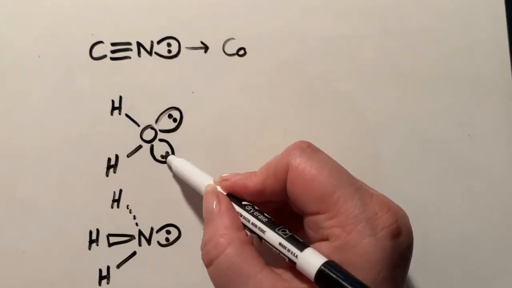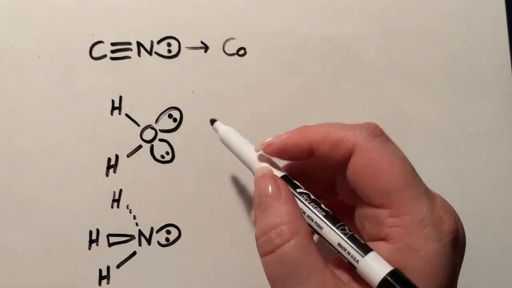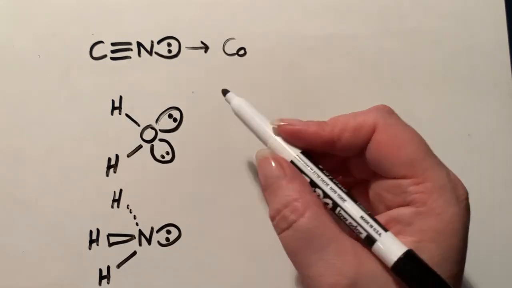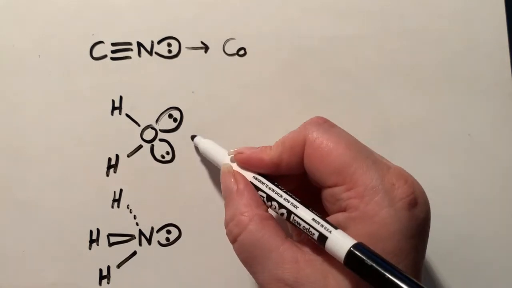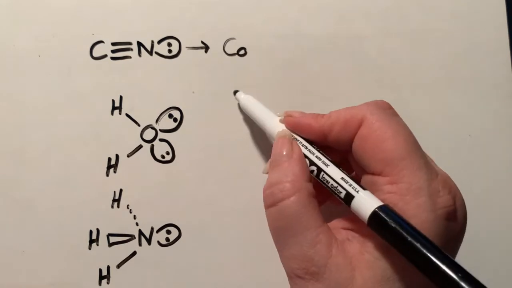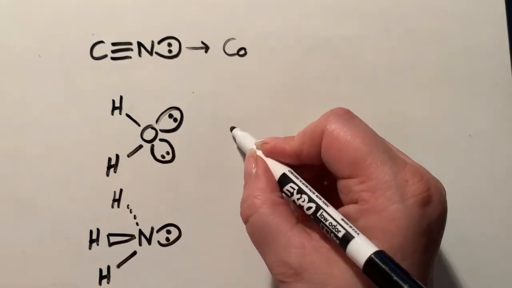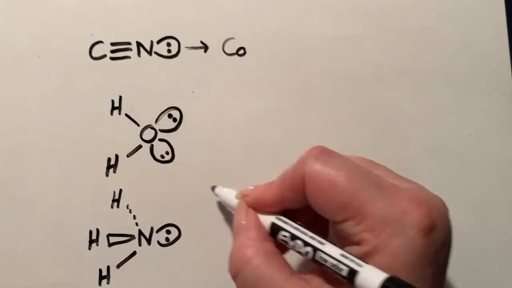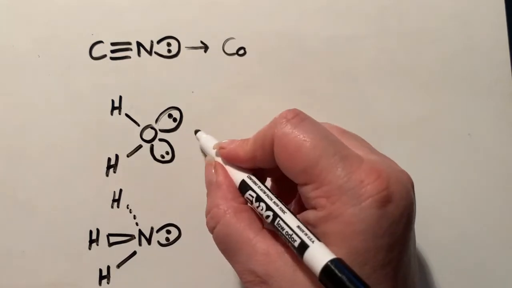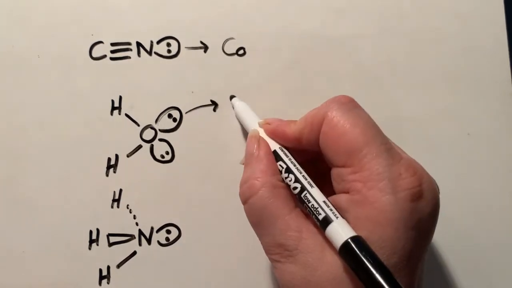Here, although it looks like it has two lone pairs of electrons which would attach, and then that would maybe be called bidentate, not monodentate, actually because water's so small compared to the size of a transition metal, it couldn't reach from two angles to actually form two bonds, so it tends to only attach with one of its lone pairs.